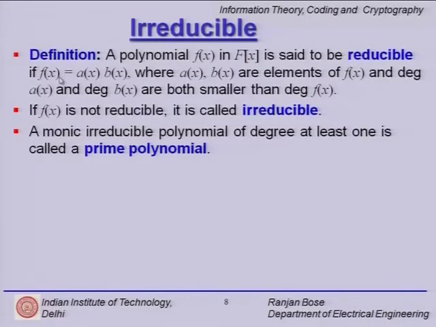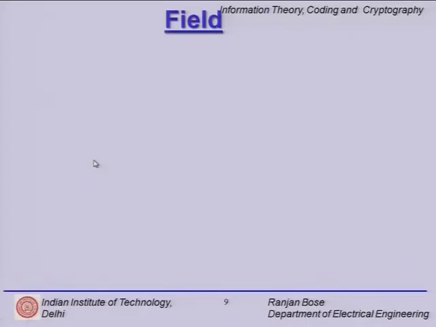So, you can factorize f(x), but this product follows the rule of the Galois field over which we carry out the multiplication. So, it is possible that some f(x) is reducible in some Galois field, but irreducible in another Galois field. And if the irreducible polynomial also happens to be monic, that is the leading coefficient is 1, it is also called a prime polynomial.